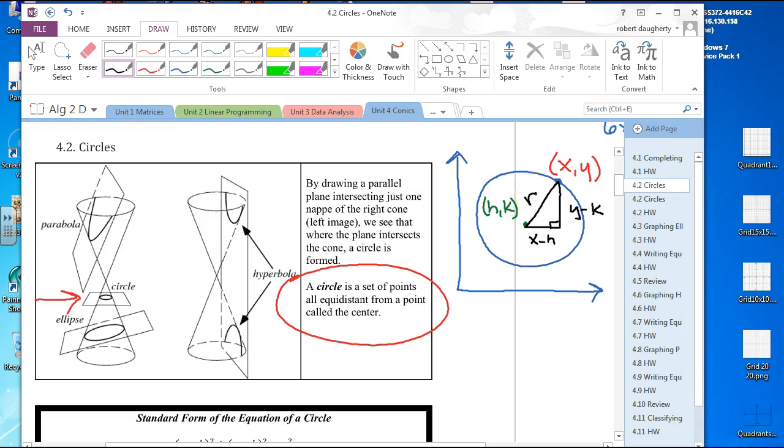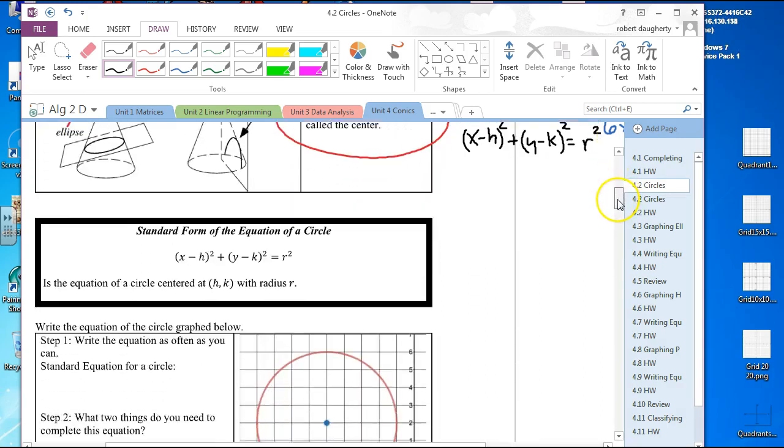By the Pythagorean theorem, the sum of the squares of the two sides equal the square of the hypotenuse. So X minus H squared plus Y minus K squared equal R squared. That is the equation for a circle.